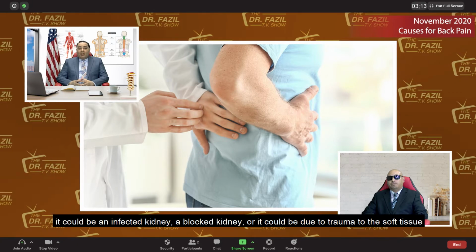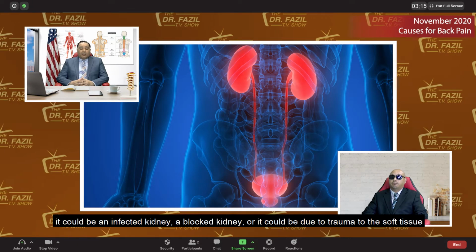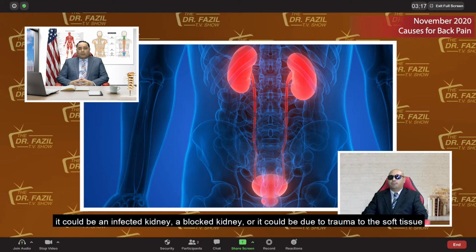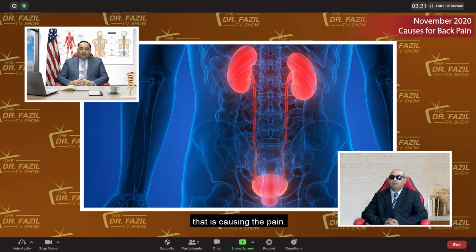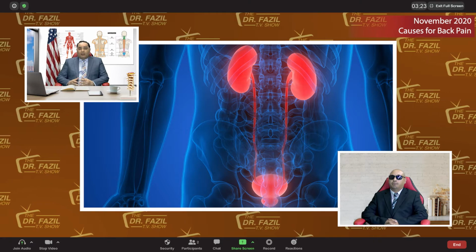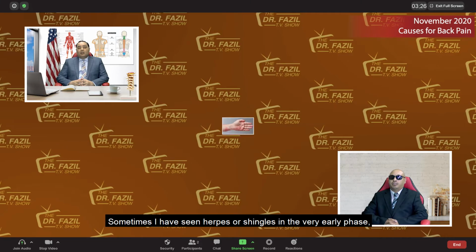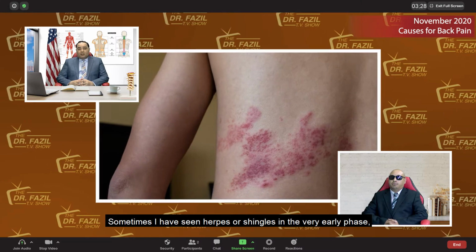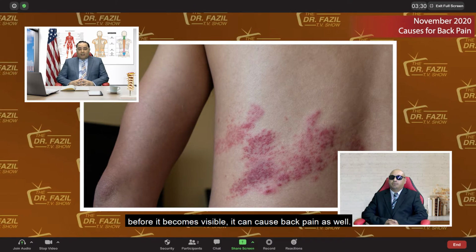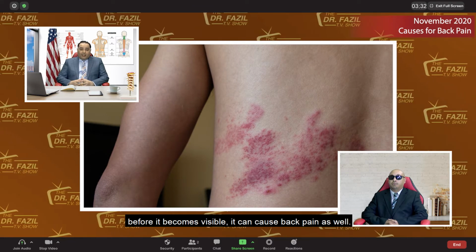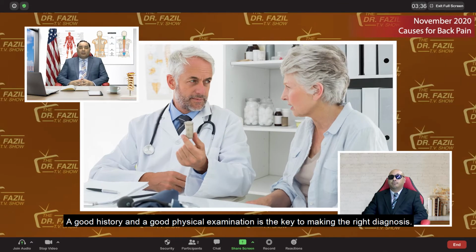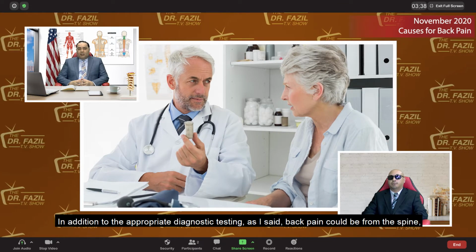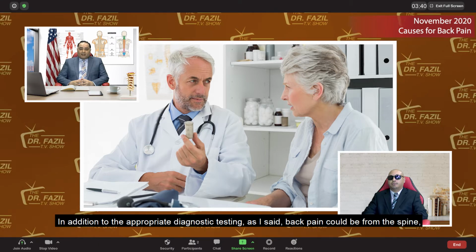It could be an infected kidney, a blocked kidney, or trauma to the soft tissue causing pain, or even, sometimes I have seen herpes or shingles in the very early phase, before it becomes visible, cause back pain as well. So good history and good physical examination is the key to making the right diagnosis, in addition to appropriate diagnostic testing.